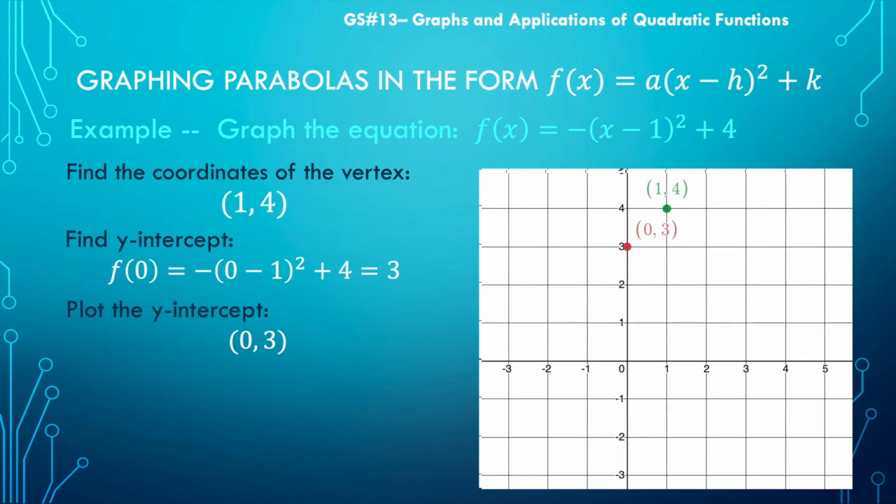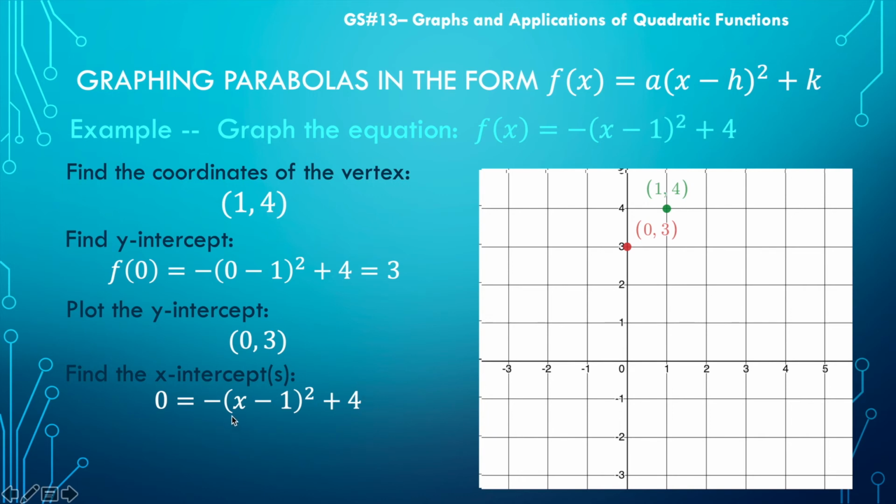We plot that. And then we find our x-intercepts by taking the function f(x) and substituting a 0 in where f(x) is and solving for x. Now remember, this goes back to your skills about solving a quadratic using the square root property.